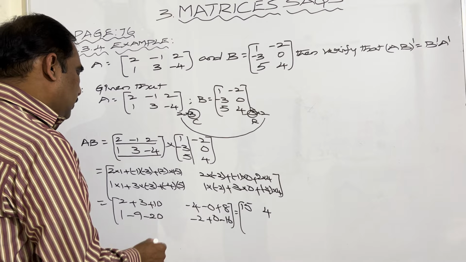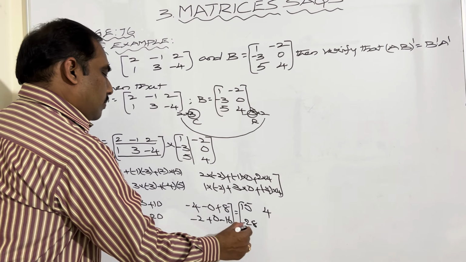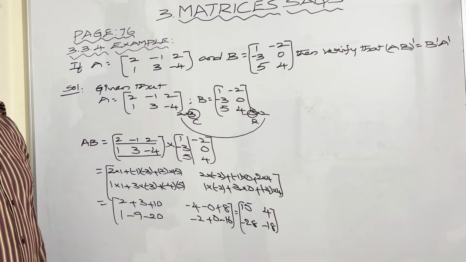Here 1 minus 9 minus 20 gives minus 28, and here minus 2 plus 0 minus 16 we get minus 18. This is AB only.